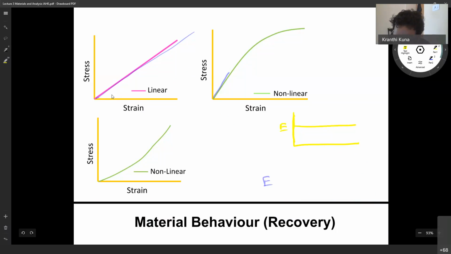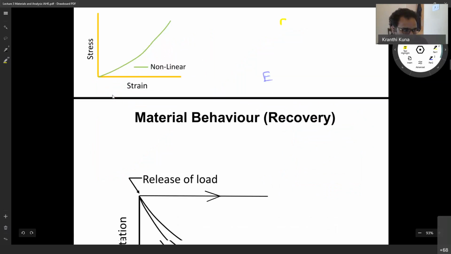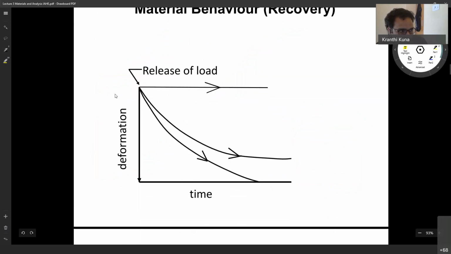But if your modulus is increasing or decreasing with the stress, then it is non-linear. What I plotted is viscous and non-viscous.